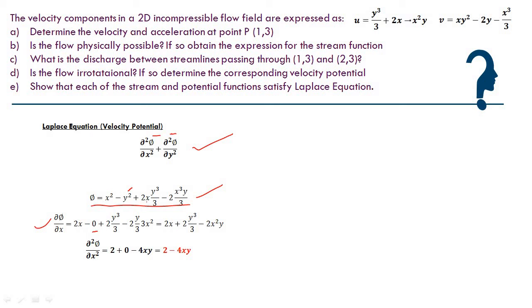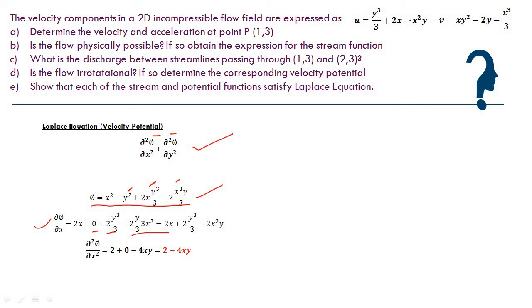Then for the differential of minus 2x cube y by 3, that is minus 2 by 3 y into 3x square, giving minus 2x square y. And for the term 2x y cube by 3, you take 2y cube by 3 outside, into the differential of x with respect to x, which is 1.